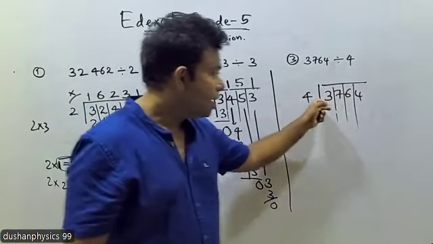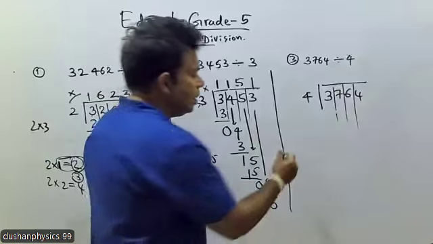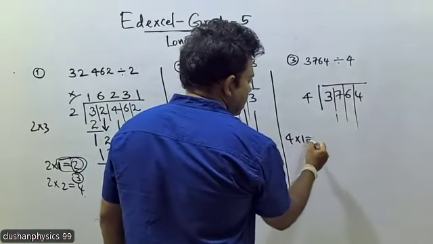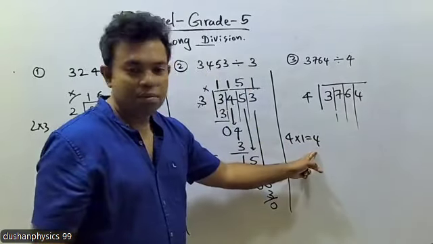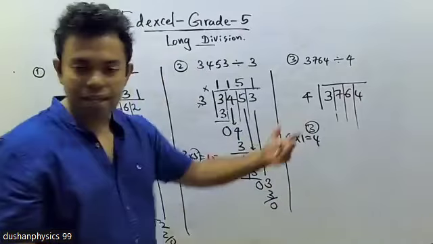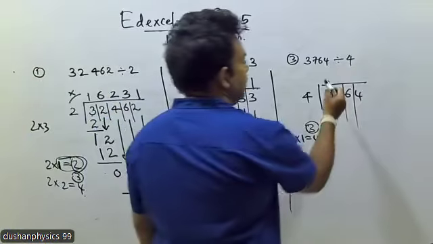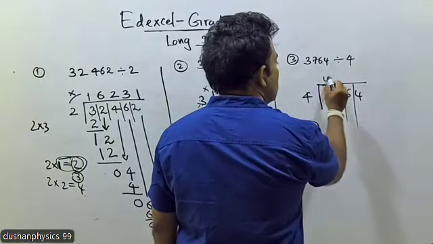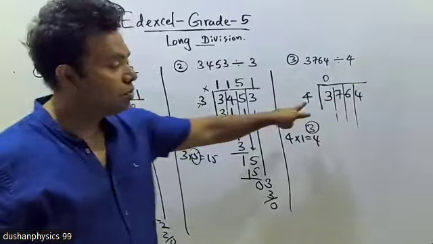But there are no 4s for 3, because in the fourth multiplication table the starting number is 4, and 3 is lesser than that. Therefore, you say there are no 4s for 3.